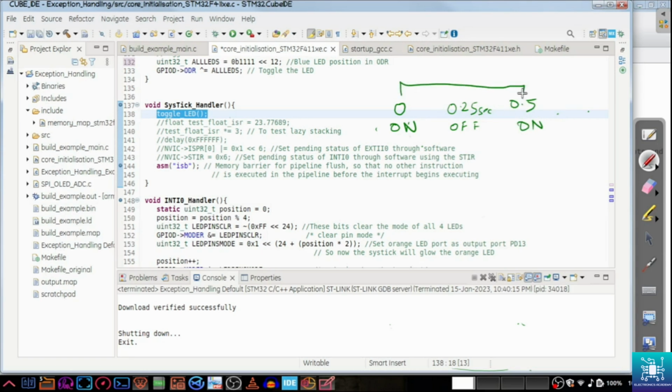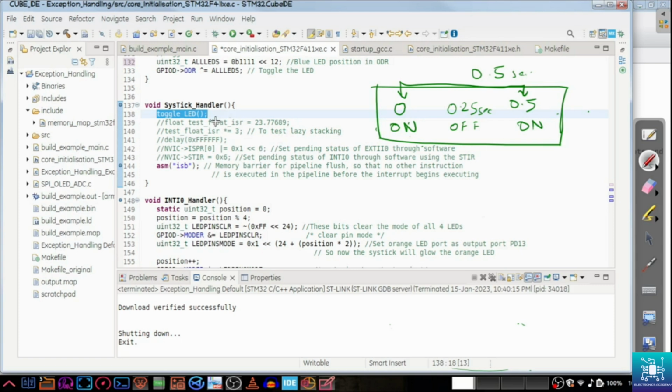So the duration between two ons is 0.5 seconds. That is why when you see on the board, when the LED starts toggling, you'll see that the LED is blinking at half second interval. If you did not toggle the LED, and if you just blinked the LED, then you will see that it is blinking much faster.